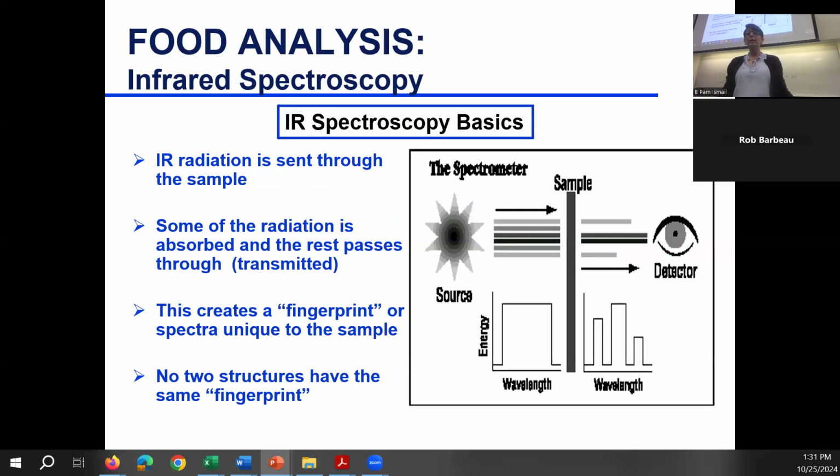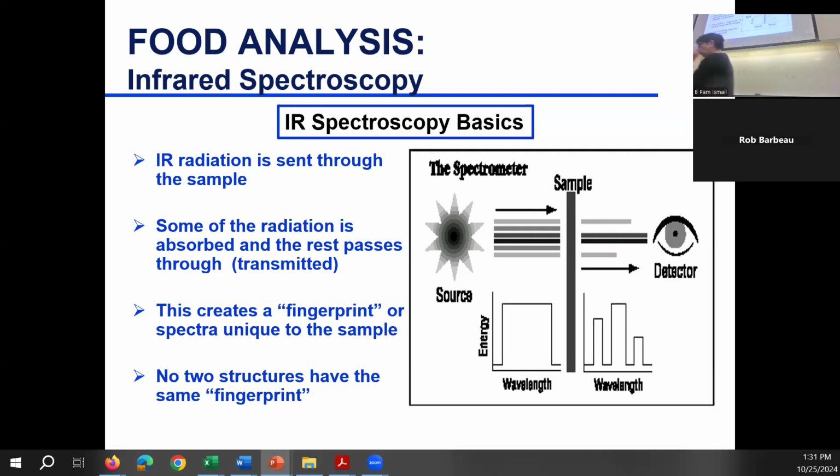So the concept is the same. You have a source of radiation that gives you IR radiation. And then the sample absorbs, and then light is transmitted, and then it goes to the detector, and you have a spectrum. Fingerprint, no two structures have the same fingerprint.